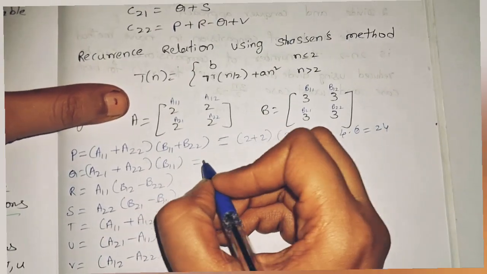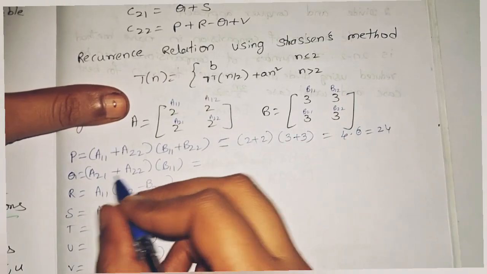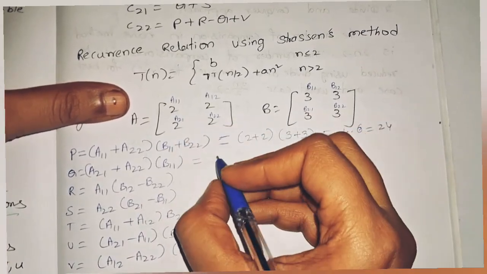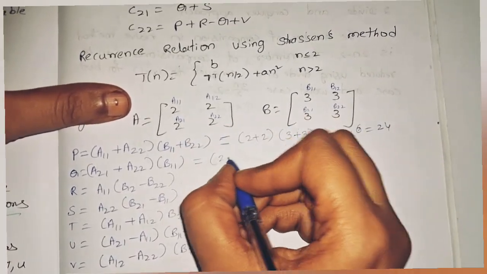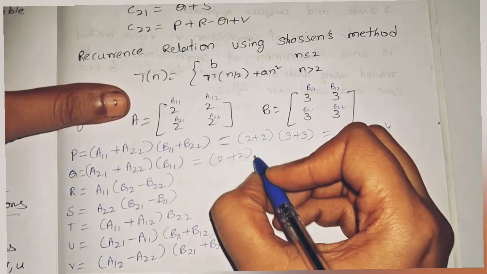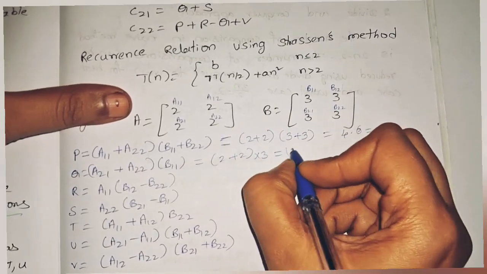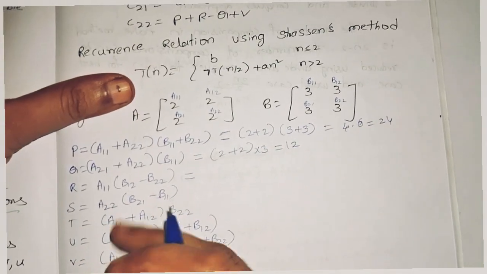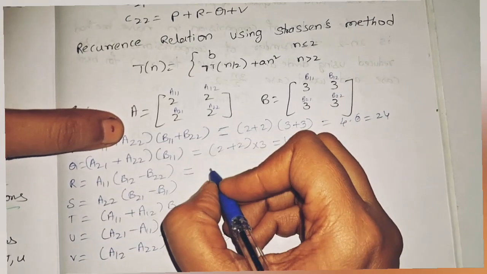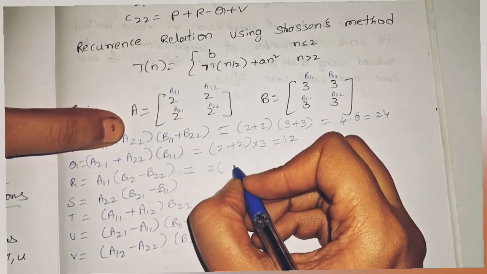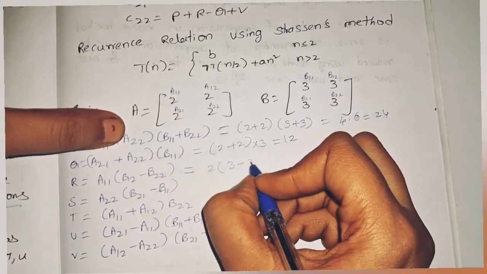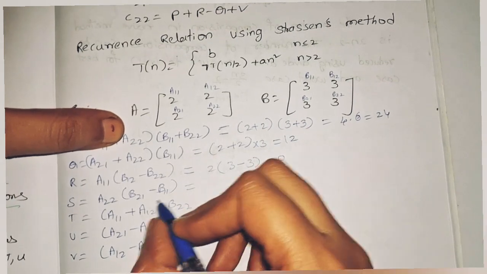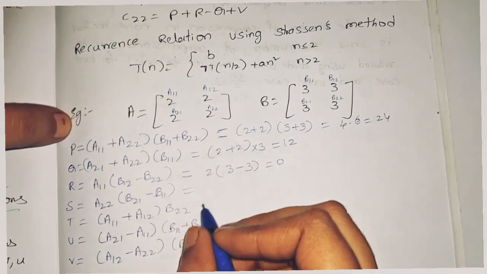Similarly, the Q value is A21 plus A22 into B11. So substitute these values here. 2 plus 2 into 3 equals 12. Next the R value, A11 into B12 minus B22, that equals 0. Then A22 into B21 minus B11.